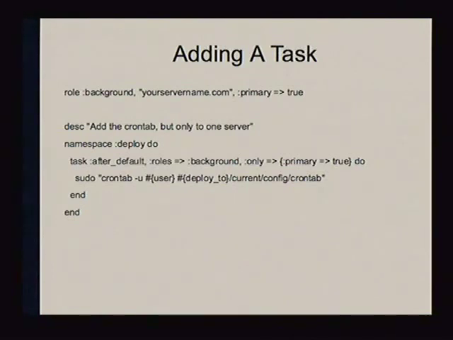But every time the default task runs, when it's done, for every server that's the background server and is the primary background server, so only one of them, we're going to go through and say, as root, install the crontab for the current user from where we just checked out our code to.